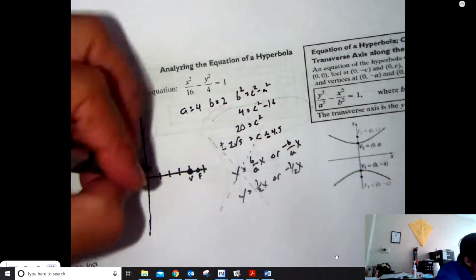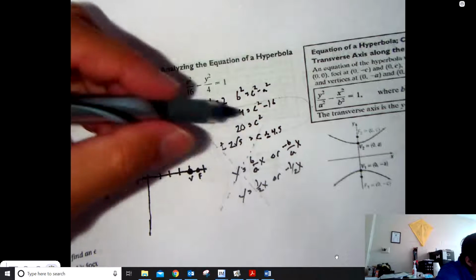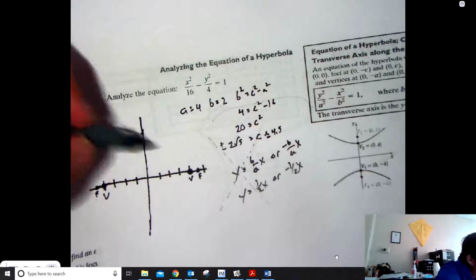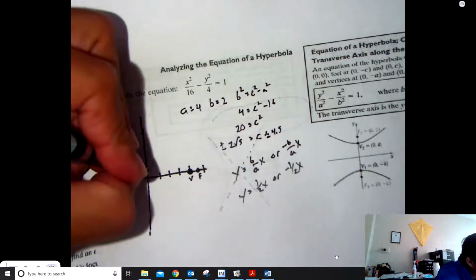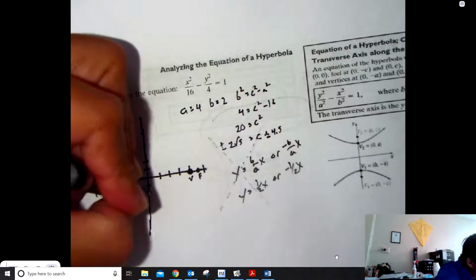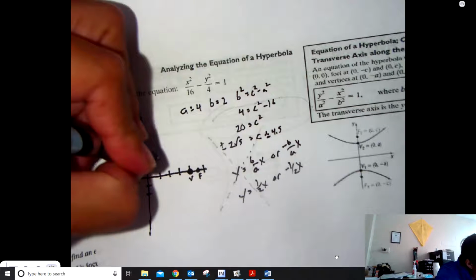And we're going to do the box out technique. B was 2. That's nice. So I'm going to box all the way out to my vertex.